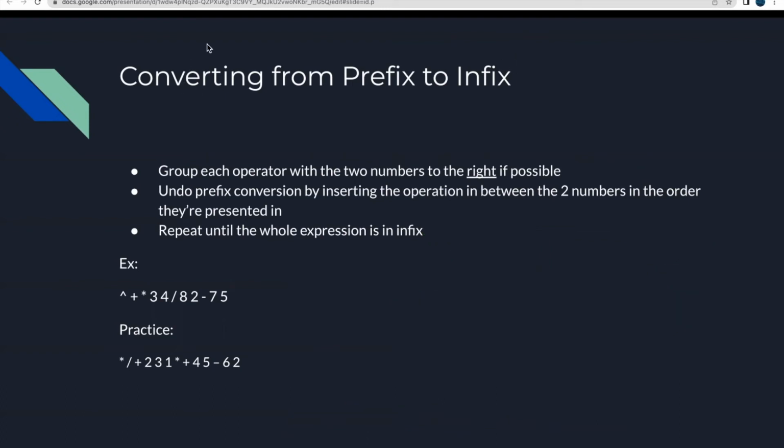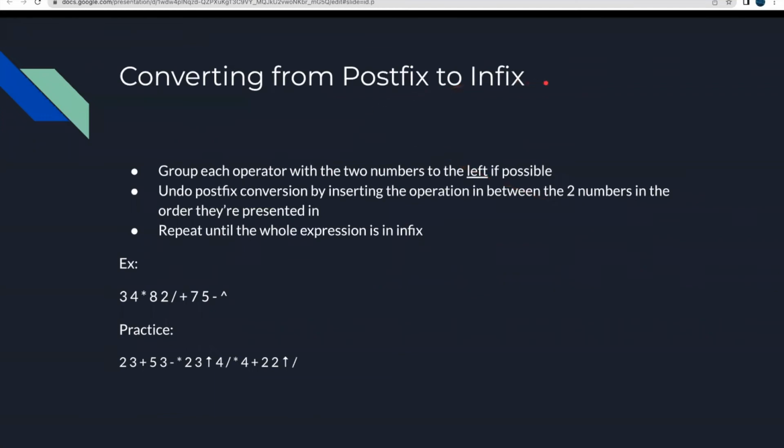Okay. So let's see, next we have converting from postfix to infix. The idea is still the same, except this time you're going to group each operator with the 2 numbers to the left. So it's going from right to left. You're gonna group this minus with the 2 numbers to the left, and then you see this division with the 2 numbers to the left, this multiplication with the 2 numbers to the left, and then I'm just gonna type that out here.